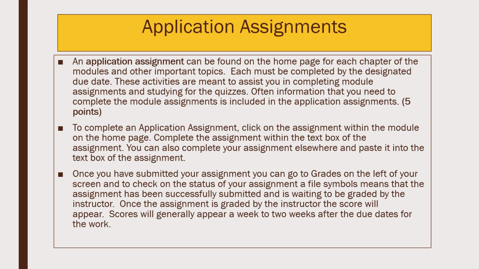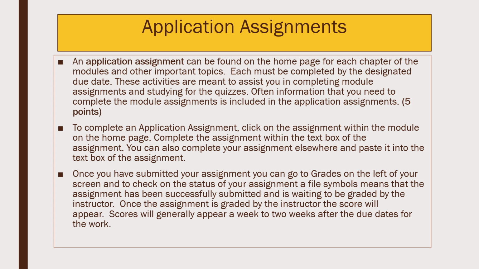For application assignments, an application assignment can be found on the home page for each chapter of the modules and other important topics. Each must be completed by the designated due date, and these are meant to assist you in completing the module assignments and studying for quizzes.